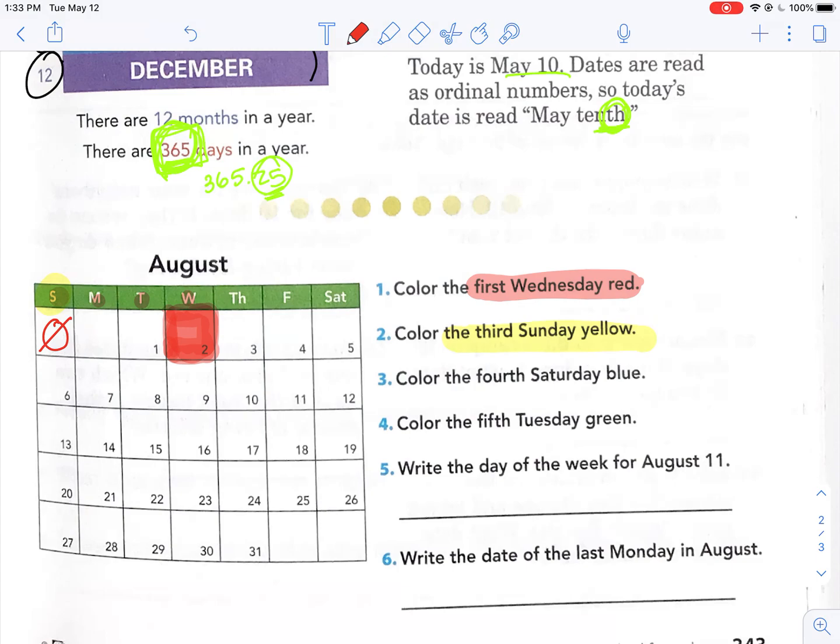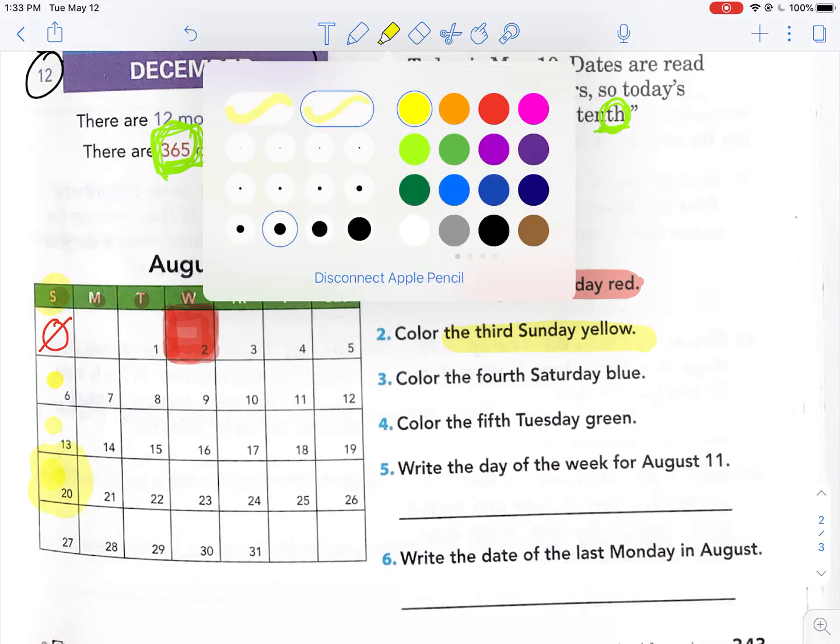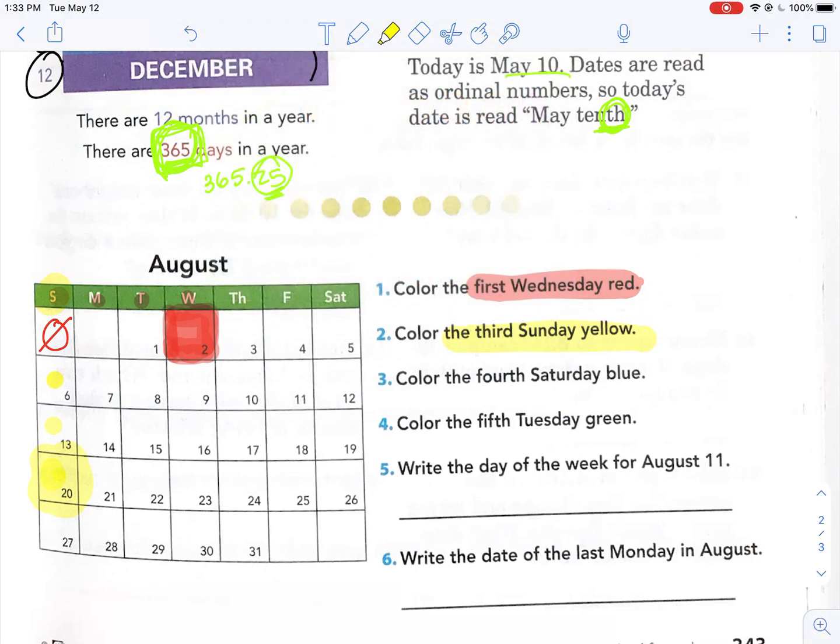That Sunday was the end of the month before. Okay, so that one doesn't count. So which ones do count? Well, here's one. Here's the first one. Here's the second one. And here's the third one. So I'm going to color in this one right here. And I think I need to make this a little bit smaller. Okay, so there's my third Sunday.